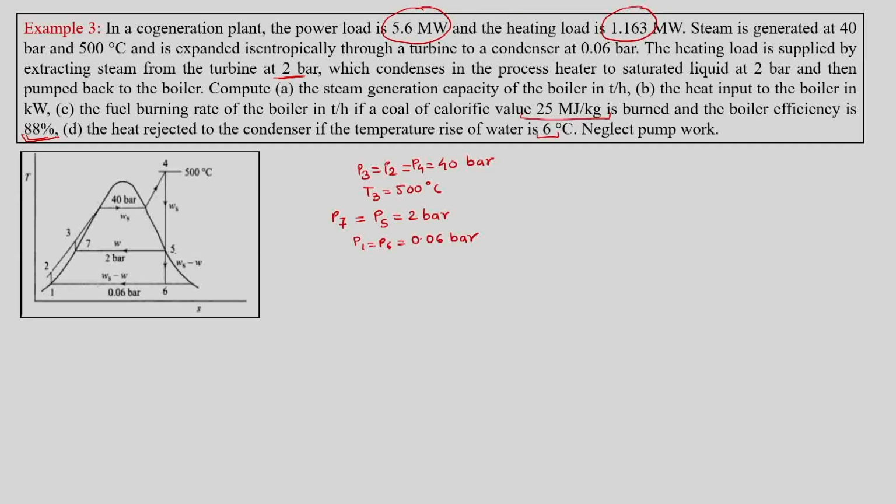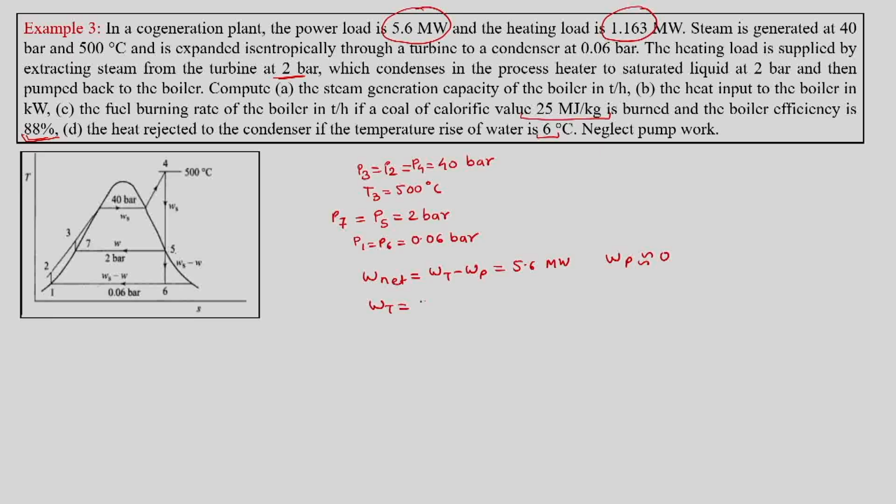These are the given things with us, but we are told that net work is equal to WT minus WP, and that is equal to 5.6 megawatt, but we are told that pump work can be neglected.